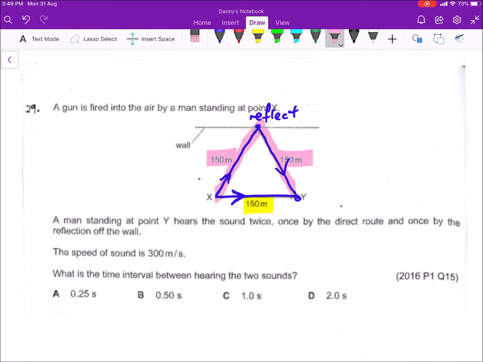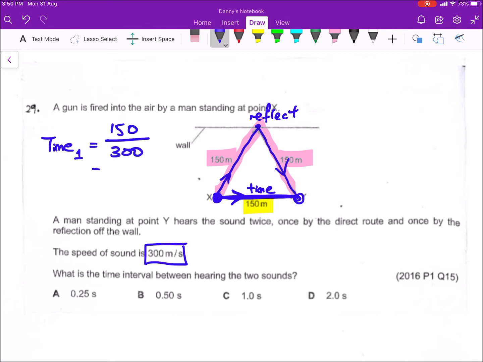So let's find out. The speed of sound is actually 300. Let's find out how much time is taken for the sound to travel from X to Y over this path. Time for path number 1 would be equal to distance divided by the speed, cancel.